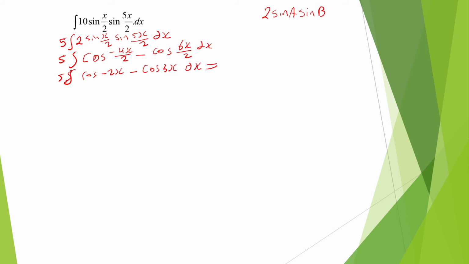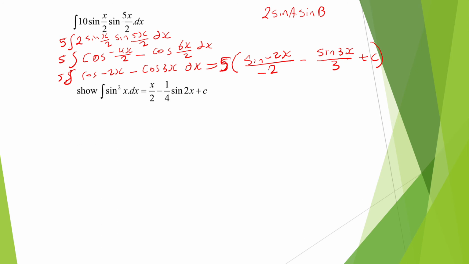Now it's ready to be integrated. So the 5, open a bracket, cosine is sine, so sine negative 2x over negative 2 minus sine 3x over 3 plus c. And we don't forget the 5 here at the front.